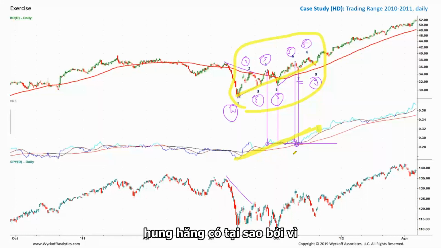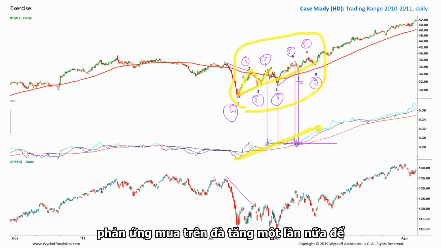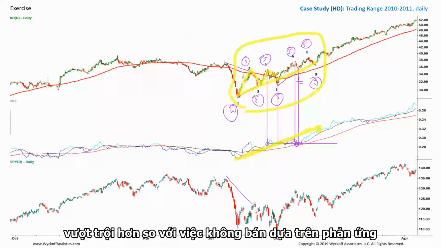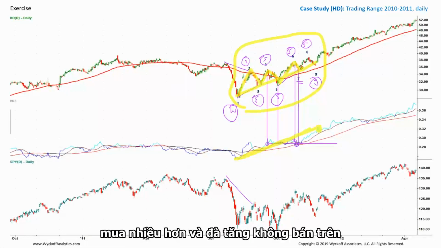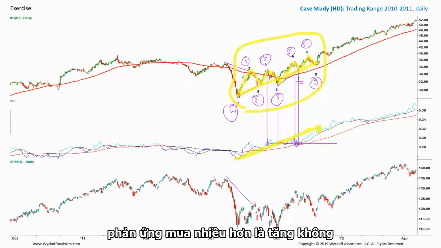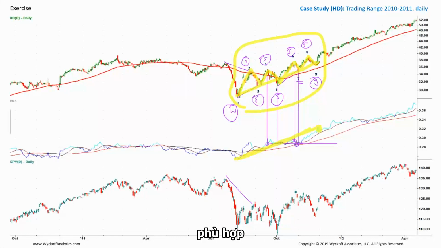Fairly aggressively. Why? Because look at the sequence of this strength. It suggests that they are buying on the rally and not selling on the reaction. Buying on the rally again to outperform, not selling on the reaction. Buying more on the rally, not selling on the reaction. This is very aggressive because it's consistent.